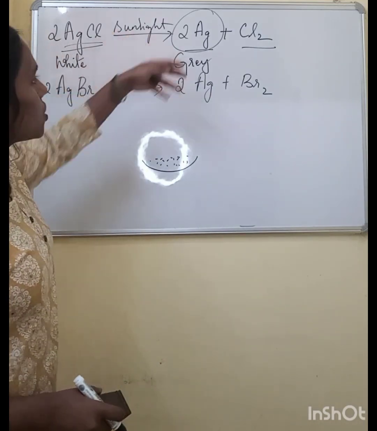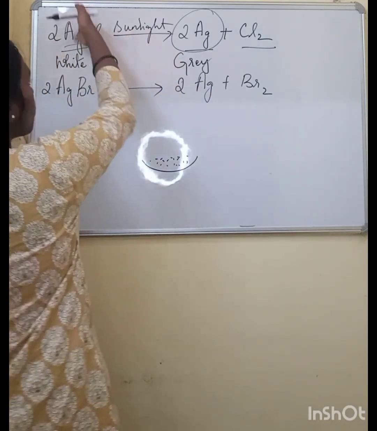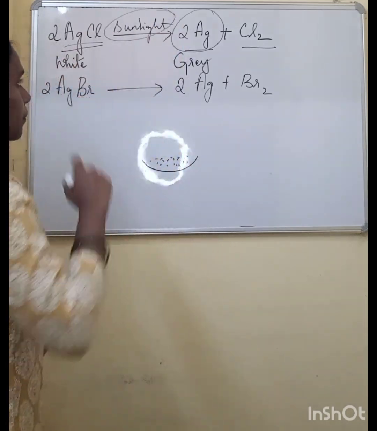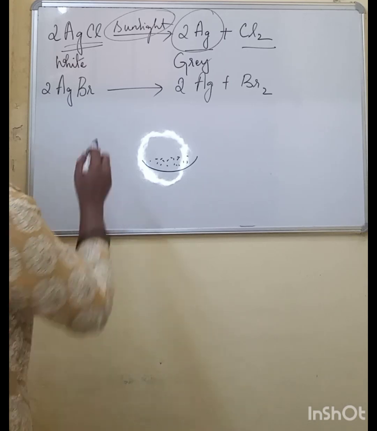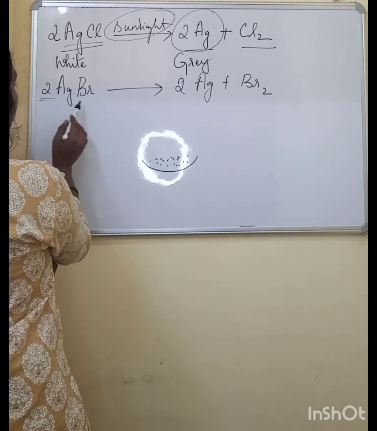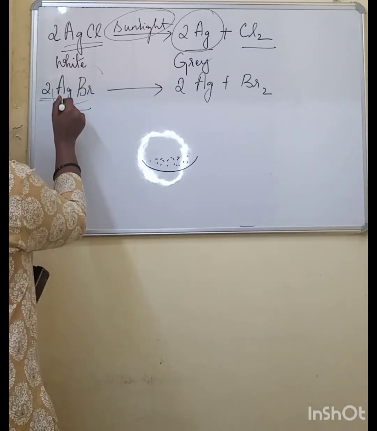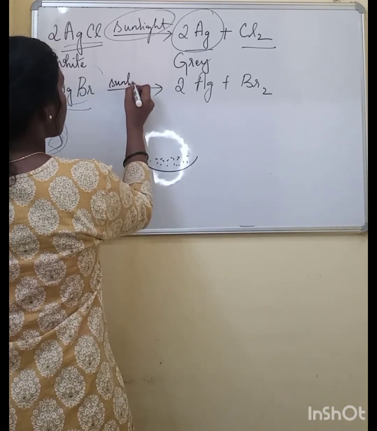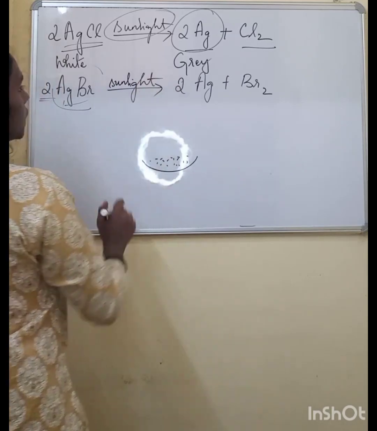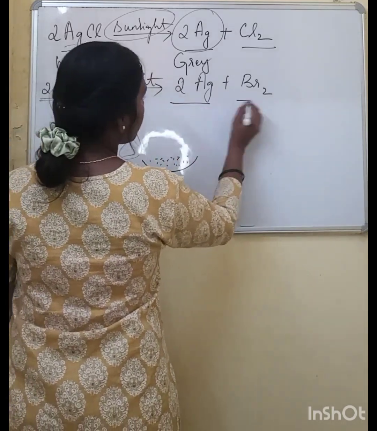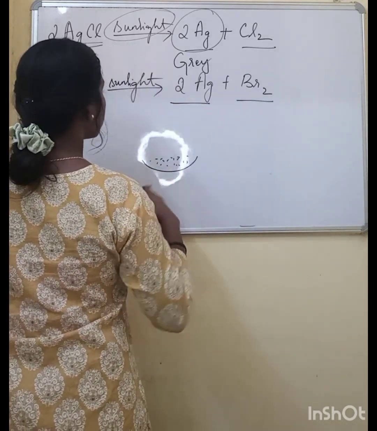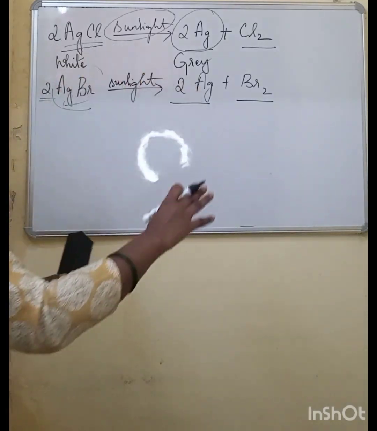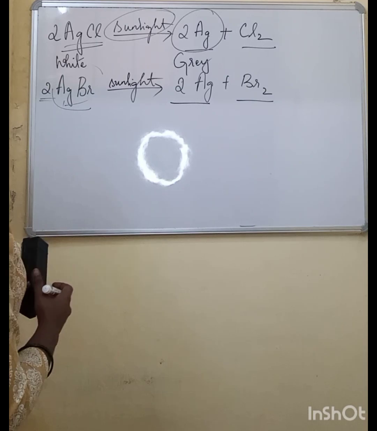So there is a change in color because of decomposition of the compound when you expose the reactant to sunlight. This is one type of reaction. Another one is, you take 2 molecules of AgBr, that is silver bromide, and again when you expose this powder to sunlight, we will get 2Ag plus Br2. So this is all about the examples under decomposition reaction.